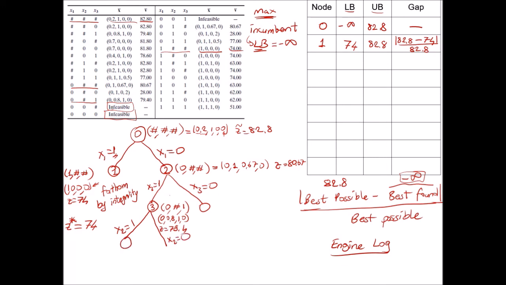Now look, I have 1, 2, 3 open nodes. So let me write the values here. For node 2, we forgot to record them. For node 2, what is the lower bound? What is the best integer value? It is still 74. What is the upper bound? The upper bound is the parent of the open nodes. When I solve this 2, what are the open nodes?